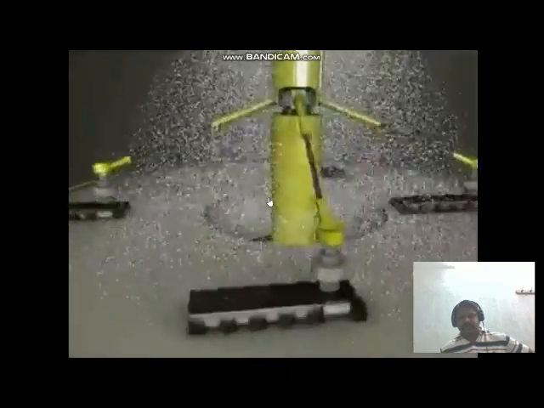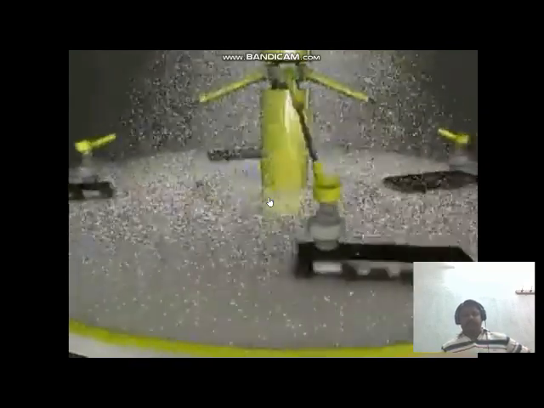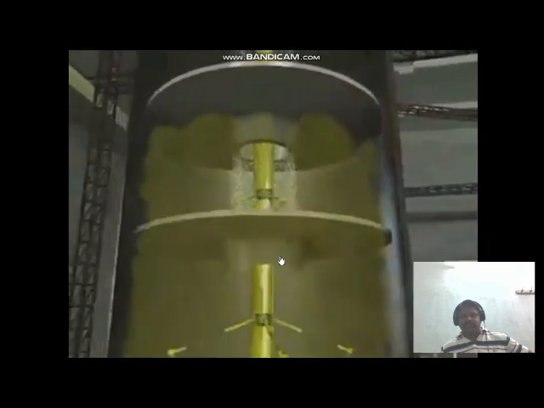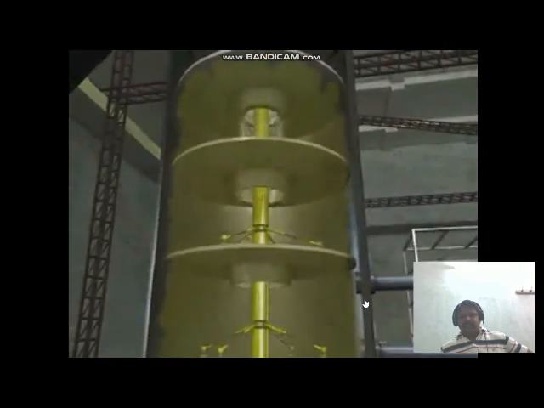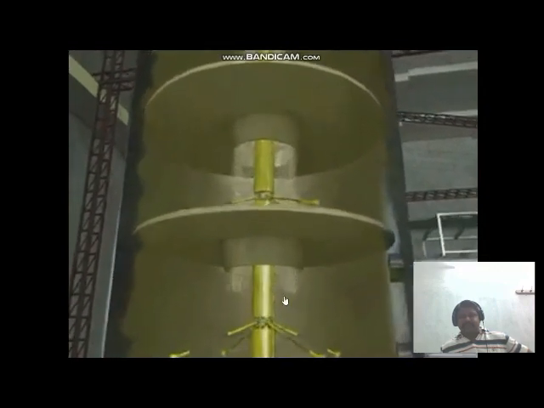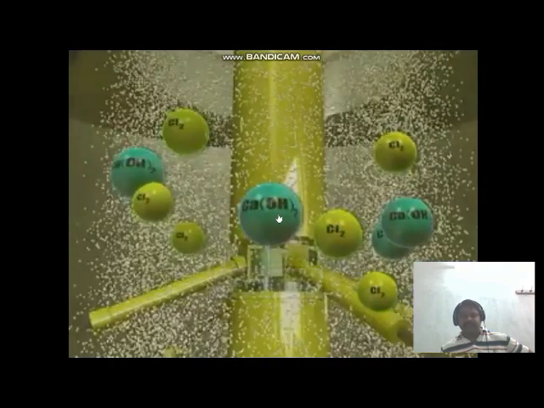Calcium hydroxide is falling down, and the shafts are rotating. When the shafts are rotating, the calcium hydroxide enters the next shaft, and from below the chlorine gas is sent. The calcium hydroxide is reacting with the chlorine gas.